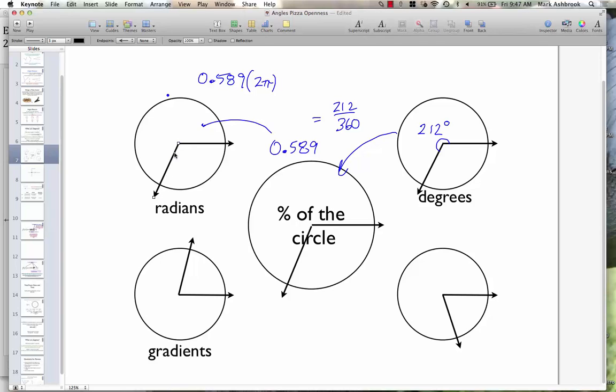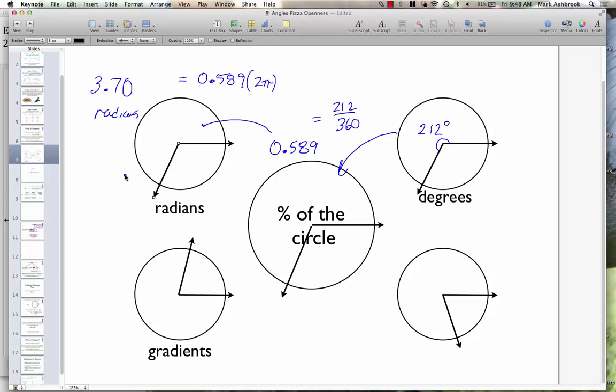And what do we get? 3.70. Okay, 3.70 radians is 212 degrees.